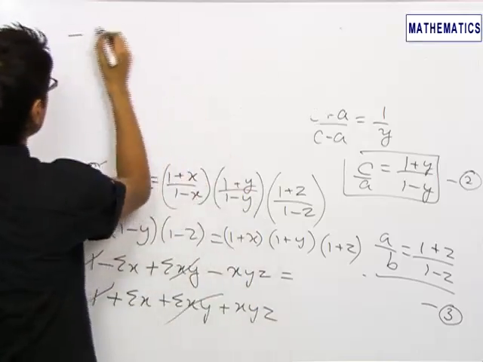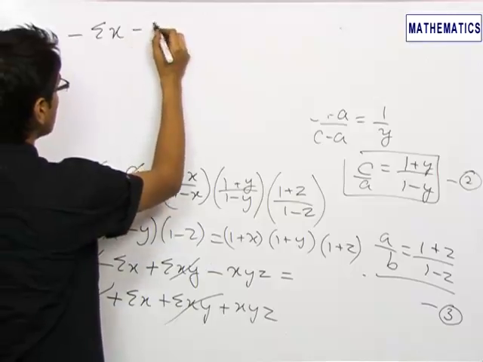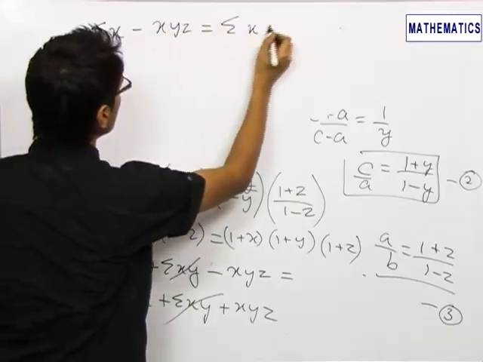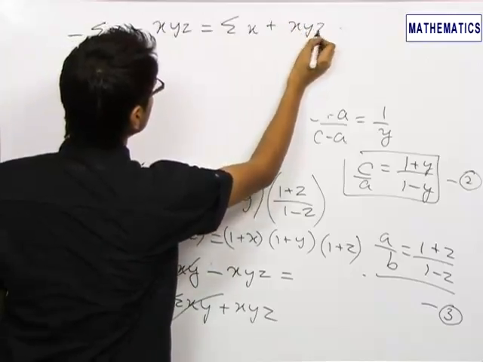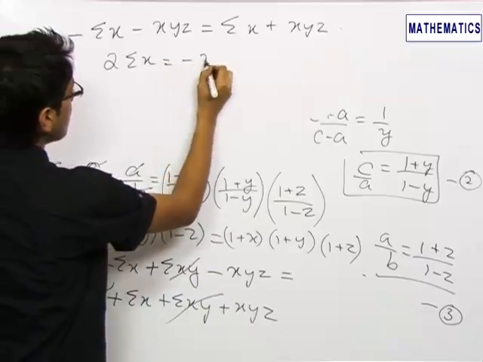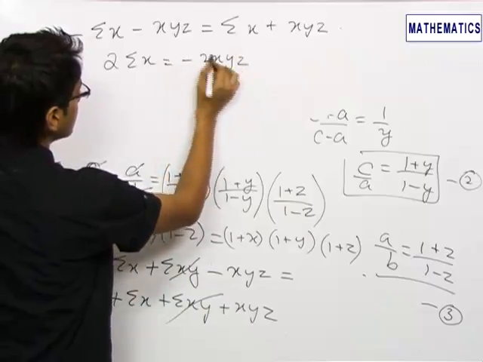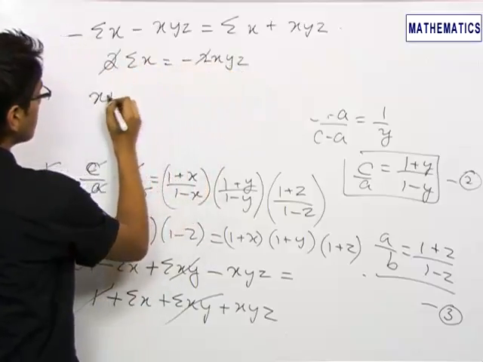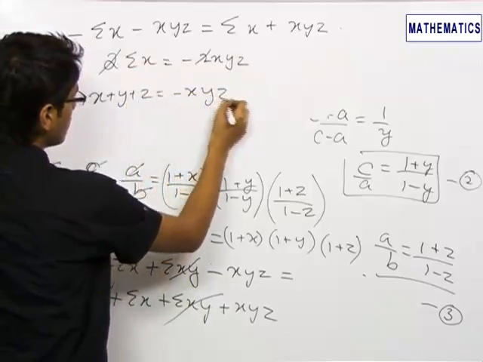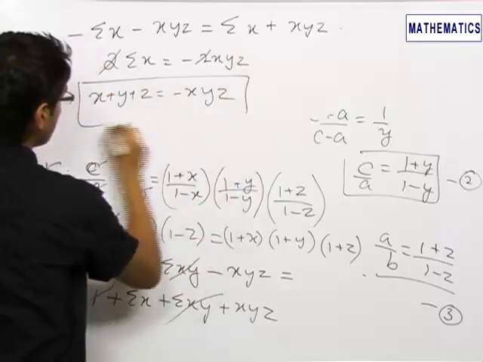So we get minus sigma x minus xyz equals sigma x plus xyz. Hence 2 sigma x equals minus 2 xyz. Hence x plus y plus z equals minus xyz. And this was the relation we needed to prove.